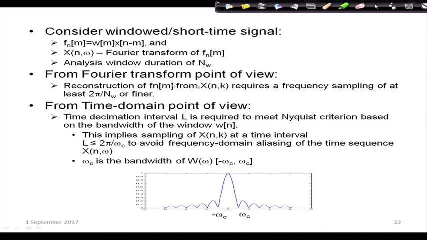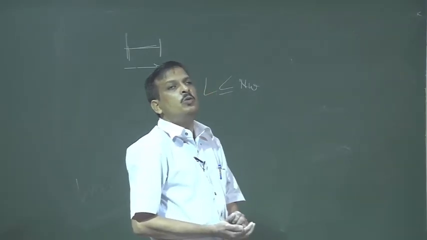So, for the length of the DFT, 2 pi by n must be at least 2 pi by Nw. And from the time domain viewpoint, the decimation factor L is required to meet the Nyquist criterion, which means that with omega c the cutoff frequency, or the bandwidth, L must be less than or equal to 2 pi by omega c.